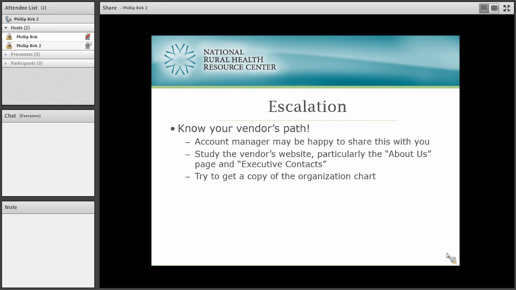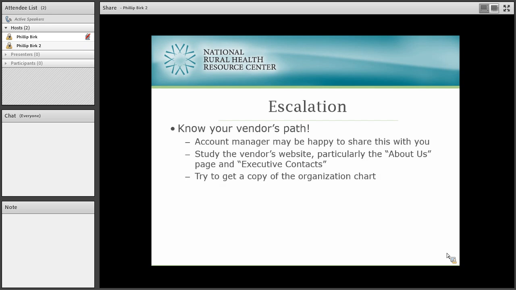If it's still not being resolved and it's been languishing for quite some time, the next step is to go to those executives. And it's important to know who the executives are at your vendor. And sometimes you can ask your account manager, you can say, what is my escalation path?